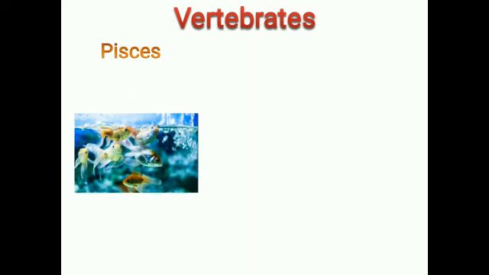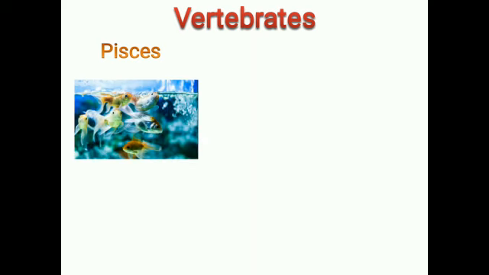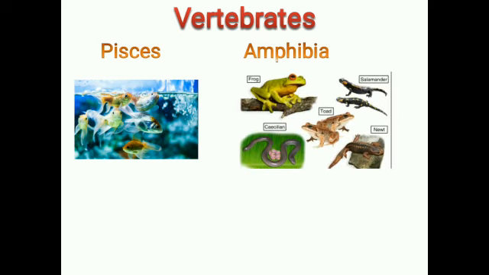The first is class Pisces, which includes all types of fishes. The second is class Amphibia. They can live in water as well as on land, and they have slippery skin.